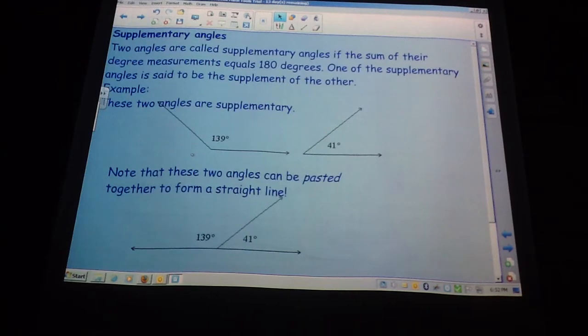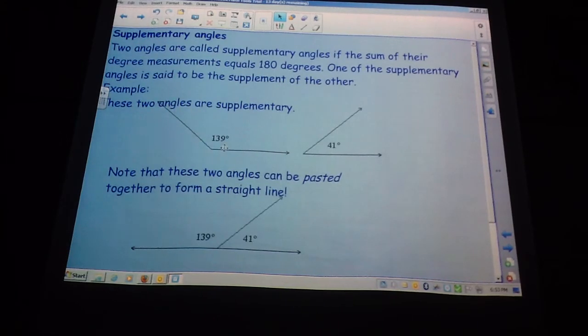Another type of angle is supplementary angles. Two angles are called supplementary angles if the sum of their degree measurements equals 180 degrees. They're called the supplement of one another.